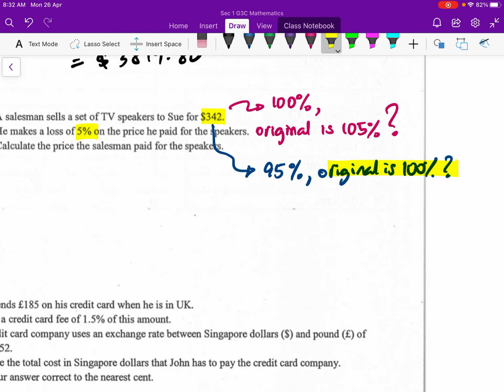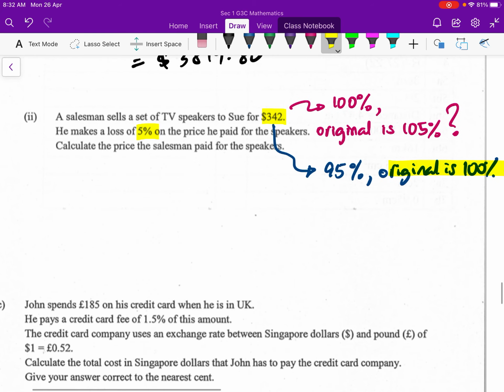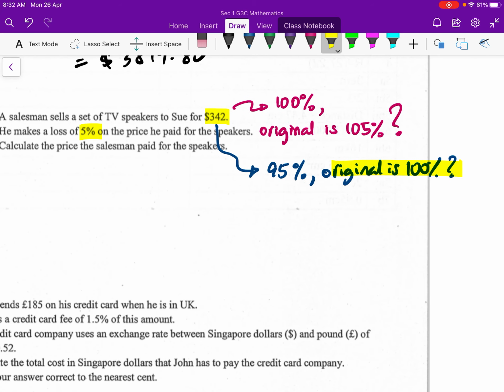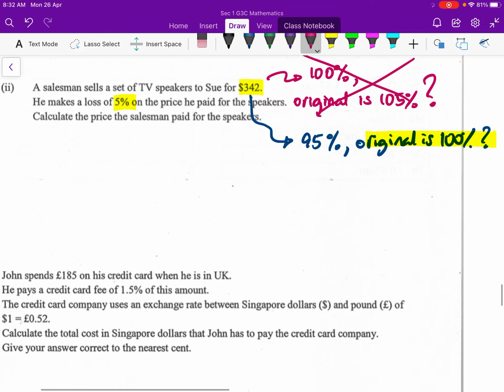Sometimes they don't use the word original, but whatever they are comparing with will be the 100%. And so yes, this is what I want to stress. And obviously, by me stressing this, I'm trying to tell you that there's a difference. Whether you use the method in red or the method in blue, there's a difference in your answer. Don't believe? Go and try it out yourself. Okay? So with this, I think you should be able to do this question.